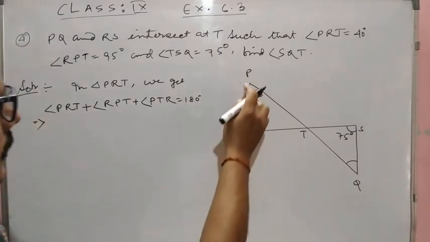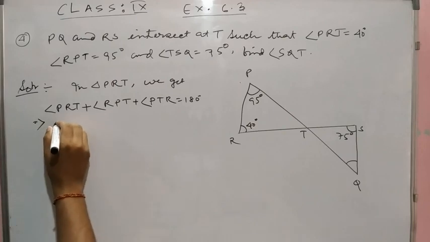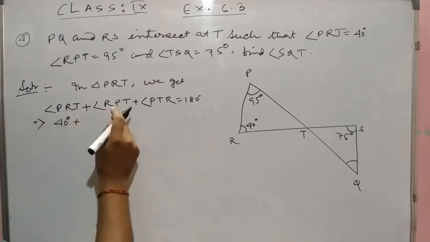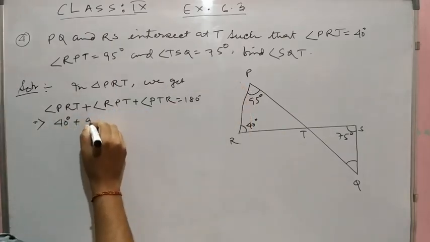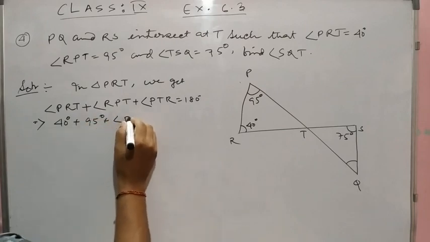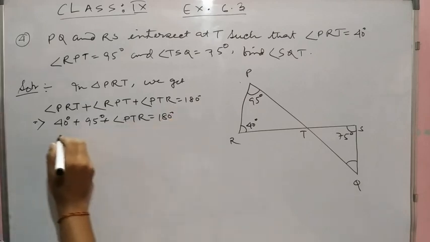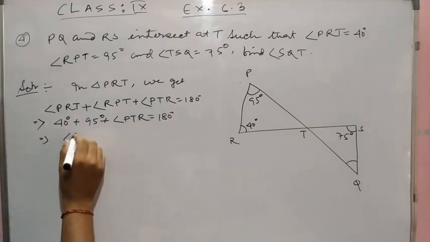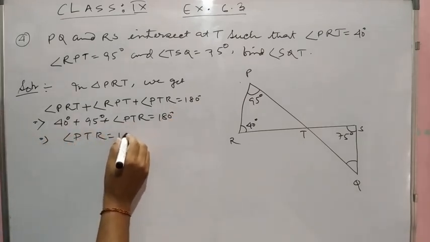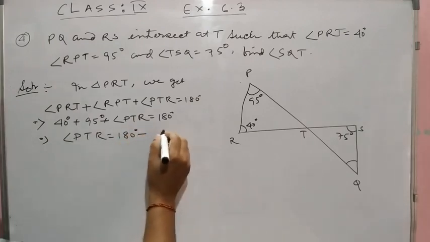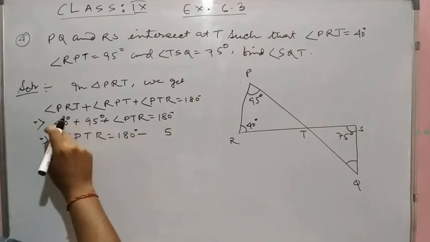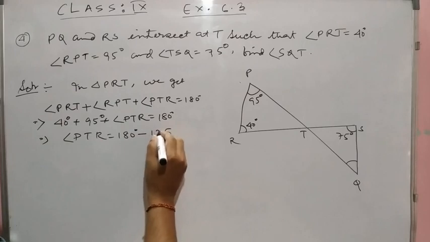This implies PRT is 40 degrees, RPT is 95 degrees, so PTR equals 180 degrees minus 135.